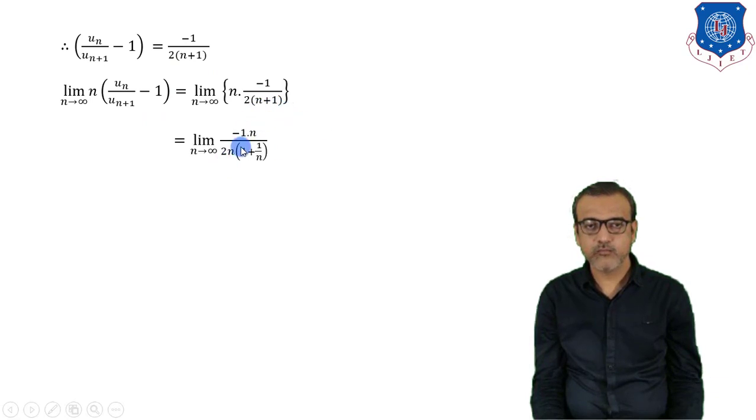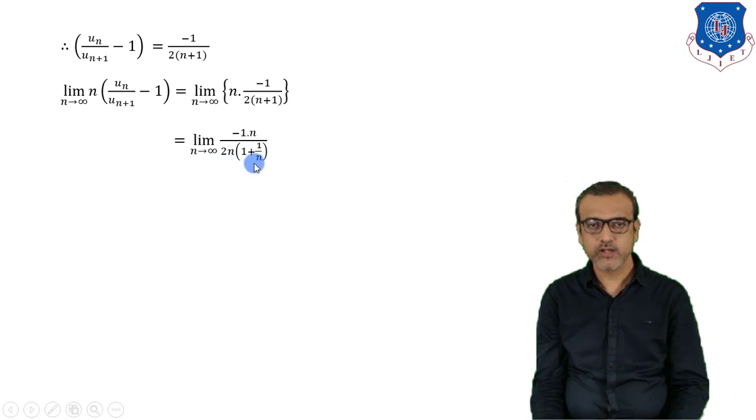Now taking n common from the denominator, this is equal to limit n tends to infinity, n into minus 1 upon 2 will be as it is, taking n common, so into the bracket we have 1 plus 1 upon n. Now n will cancel out, and as n tends to infinity, 1 upon n tends to 0. So it will become 1 plus 0, which is 1, and 1 multiplied by 2 is 2. So the overall result is minus 1 by 2.